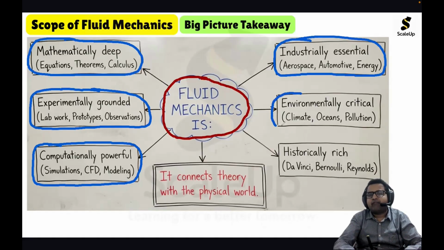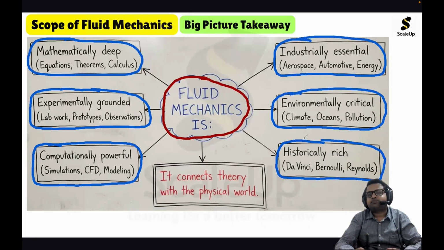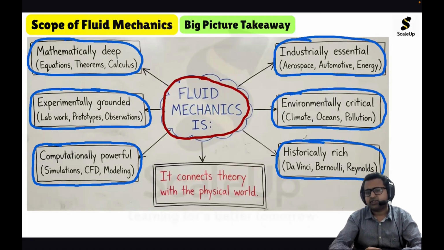It is environmentally critical. Fluid mechanics has a role to play in the study of climate, oceans, and pollution. It is historically rich. Fluid mechanics is not something very new, but it has a very good history associated with it, wherein Da Vinci, Bernoulli, and Reynolds, we are still using their findings and their equations.